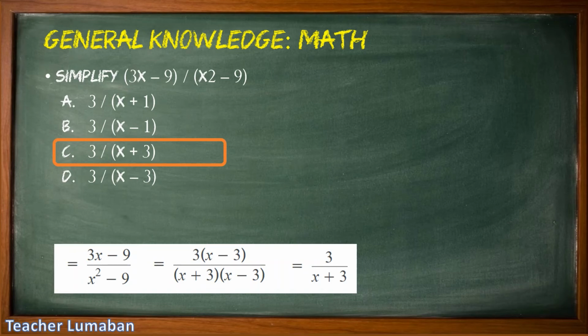Factor 3 out of 3x minus 9. Factor the denominator: 3 multiplied by x minus 3 over x plus 3 multiplied by x minus 3. Cancel the common factor of x minus 3. The simplest form is 3 over x plus 3.